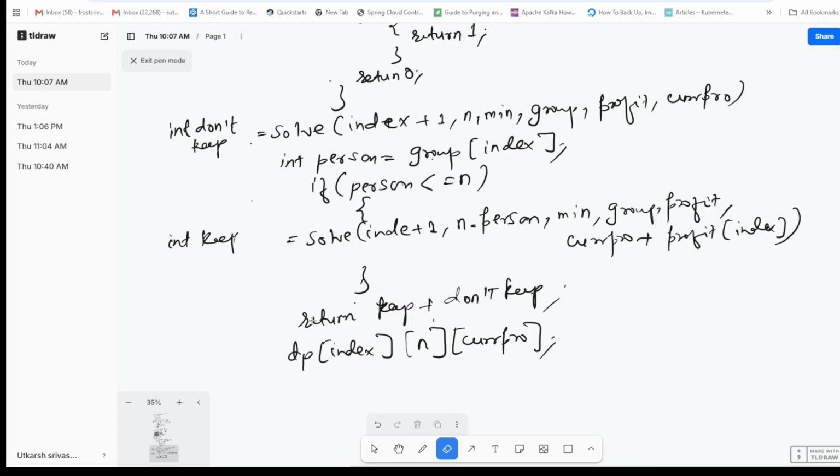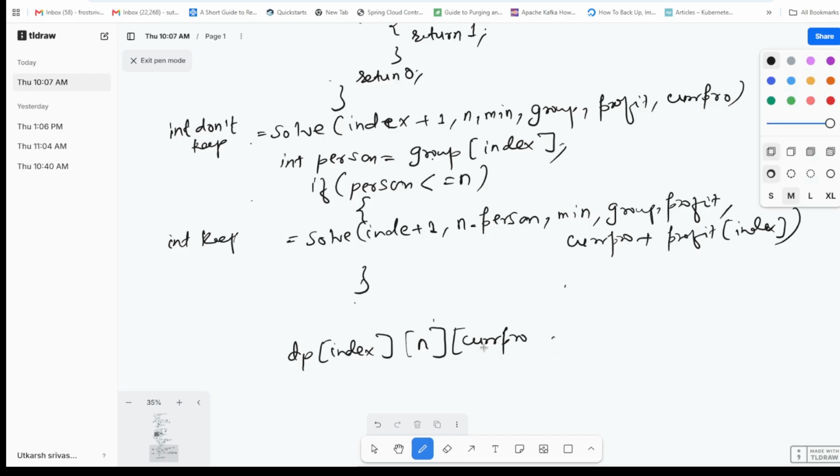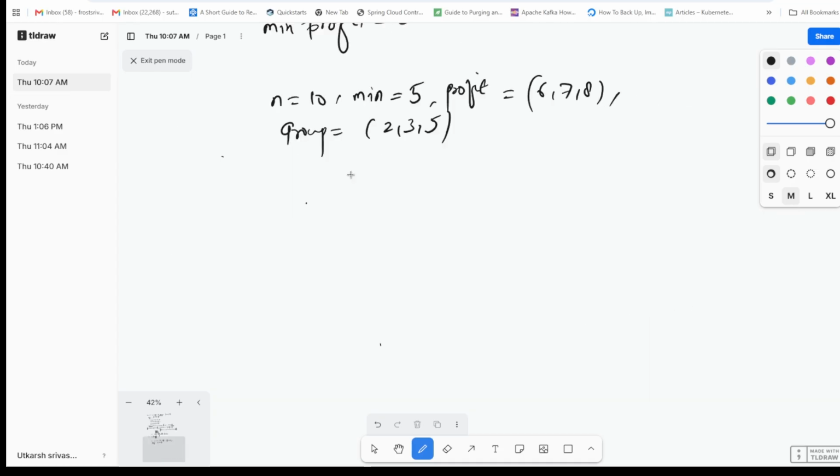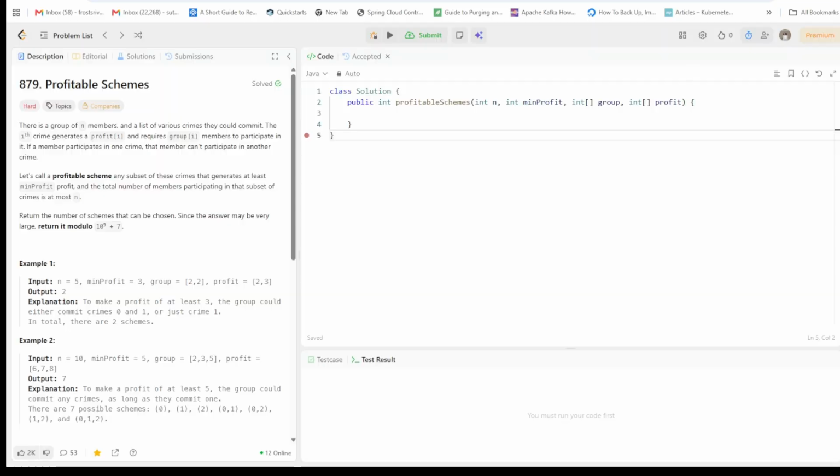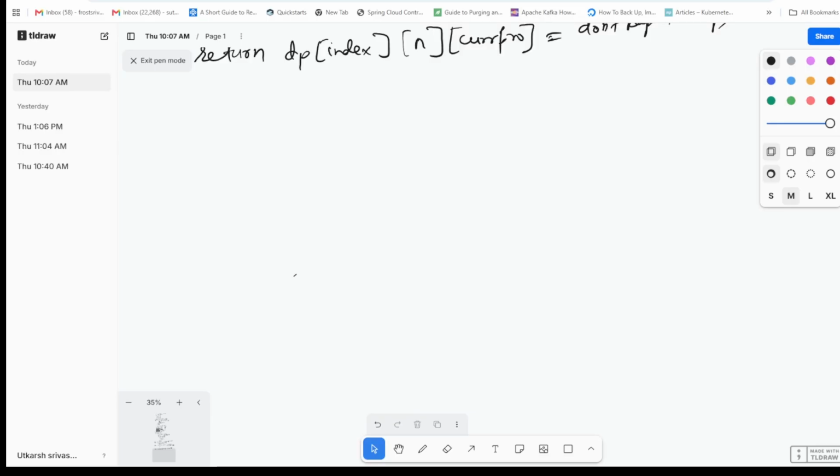At the end, instead of returning from here, we will store both the don't keep and keep results here and perform our problem. Now if we see what we are doing, we are tracking the current profit every time.